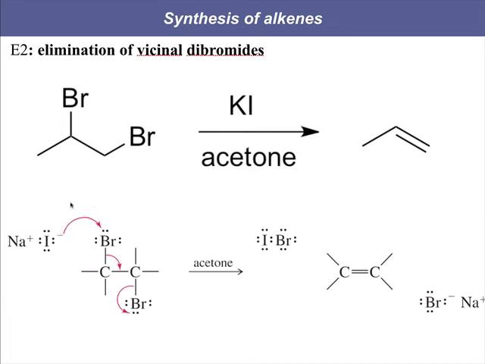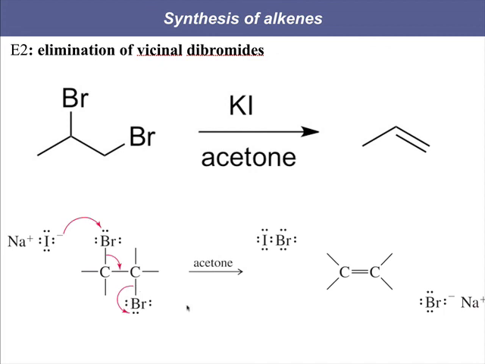The iodide grabs a bromine, makes that strong bond. That causes bromine to release its existing bond. Again, remember, iodide feeds into the antibonding orbital of the bromine. Those electrons fall into the antibonding orbital of the carbon-bromine bond. That causes the carbon-bromine bond to break.